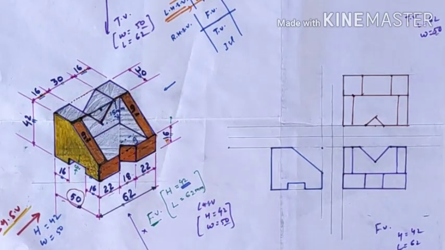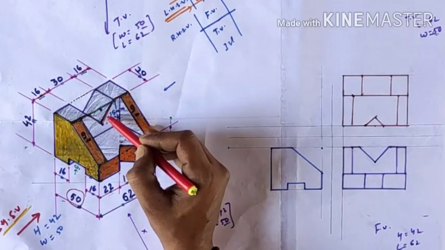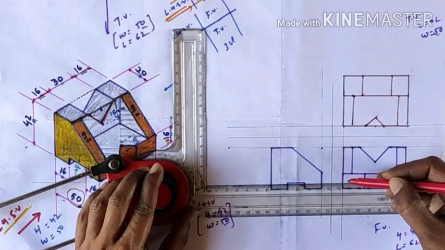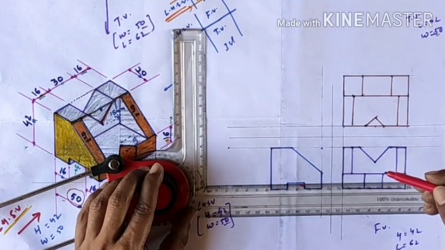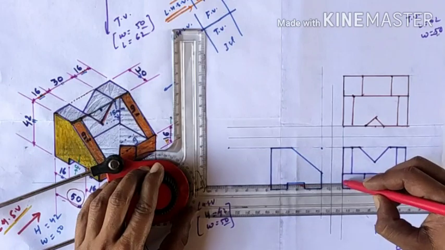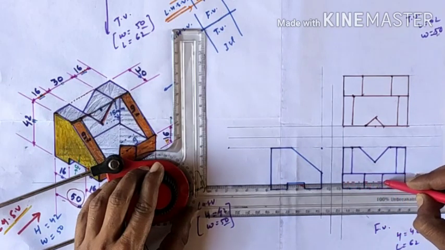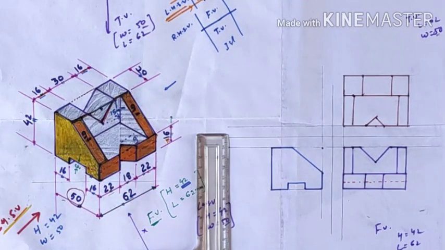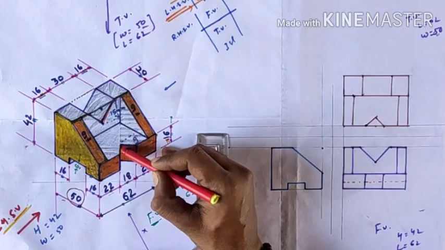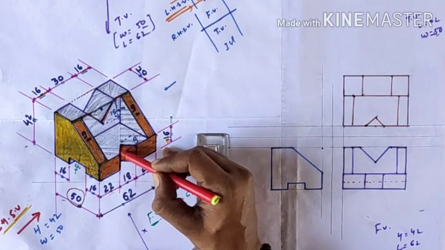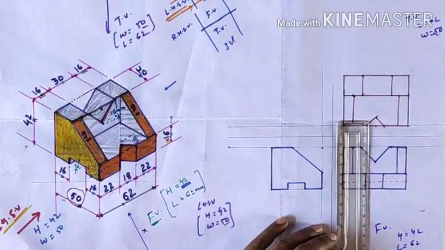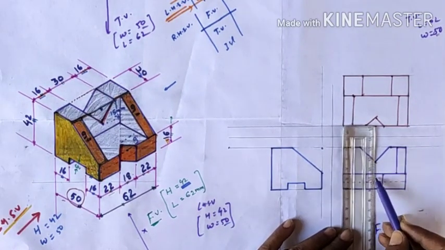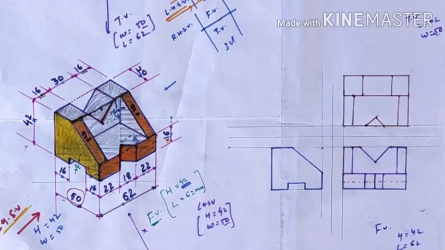And again this is a vertical line, so first we draw this dotted line of about 2 mm. We can easily see here this is the center line of 18 mm, so we can just draw a straight line like this, so it is clear.